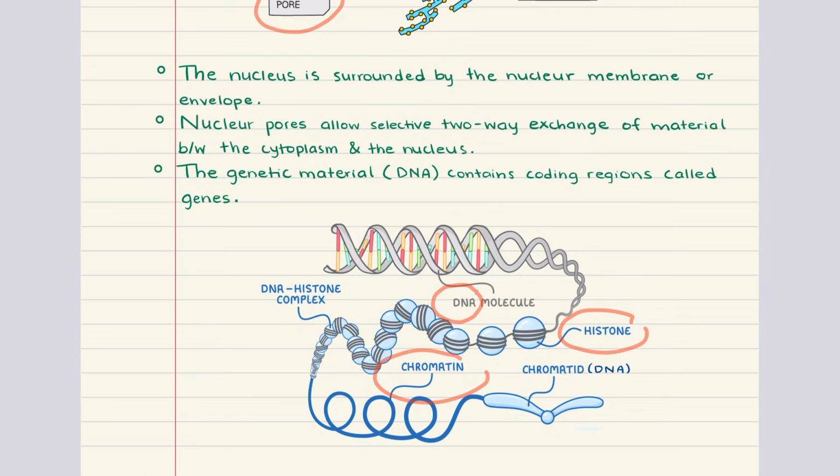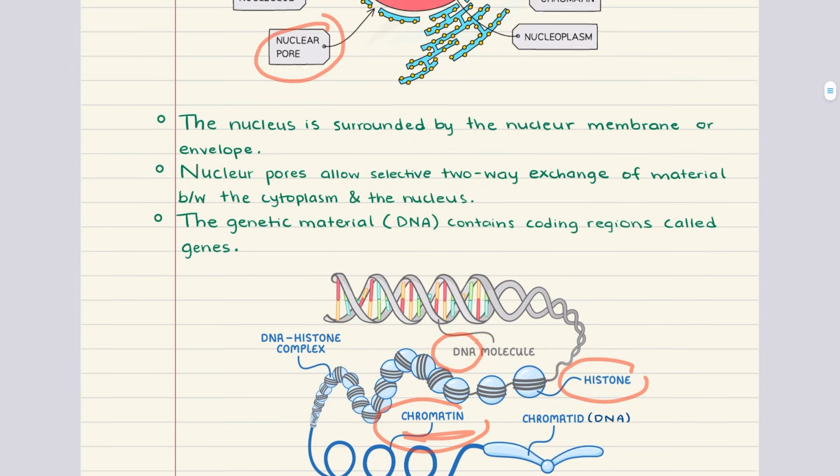When a cell prepares to divide, the chromatin is going to condense into visible structures called chromosomes. Each chromosome is made of a single continuous molecule of DNA, tightly wound and organized for efficient separation during cell division. And we're going to cover that in a lot more detail in chapter 2.